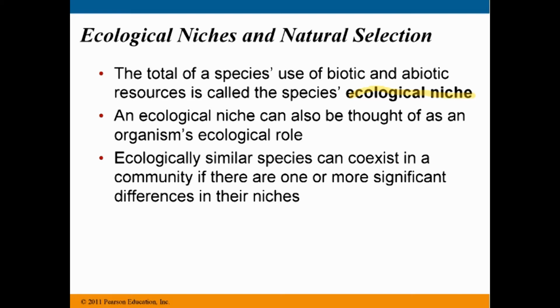It goes on to say here in our third bullet that ecologically similar species can coexist in a community if there are one or more significant differences within their niches.